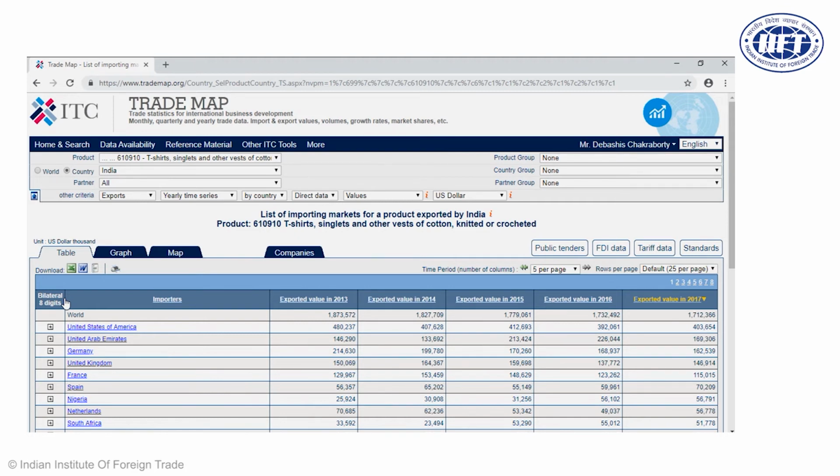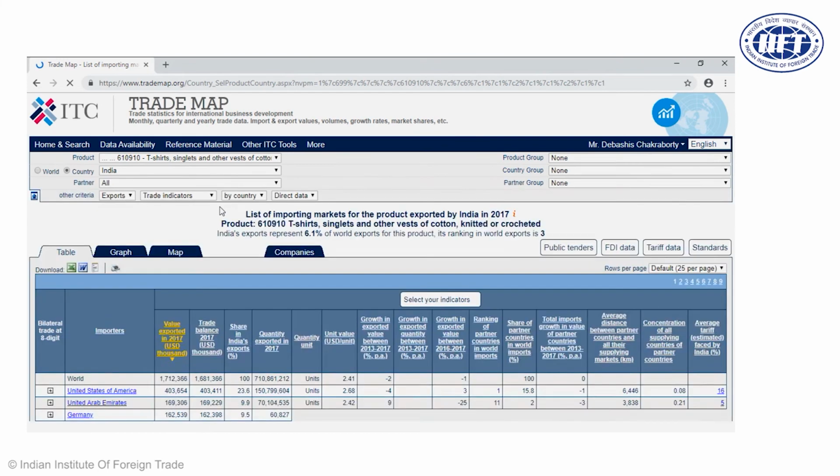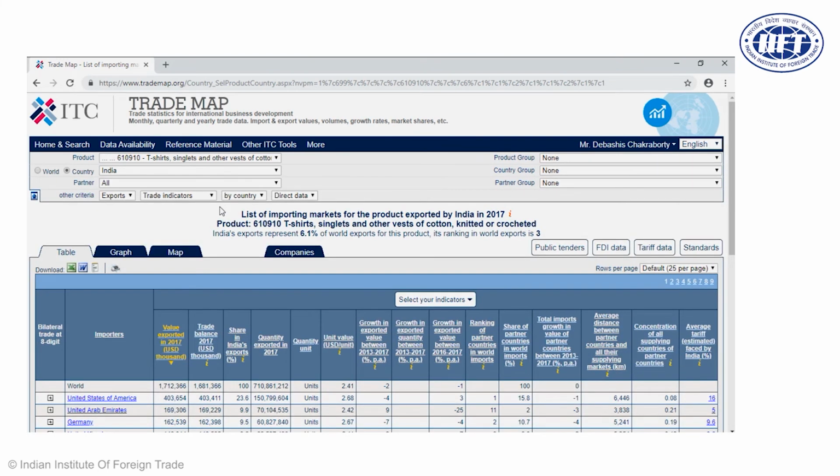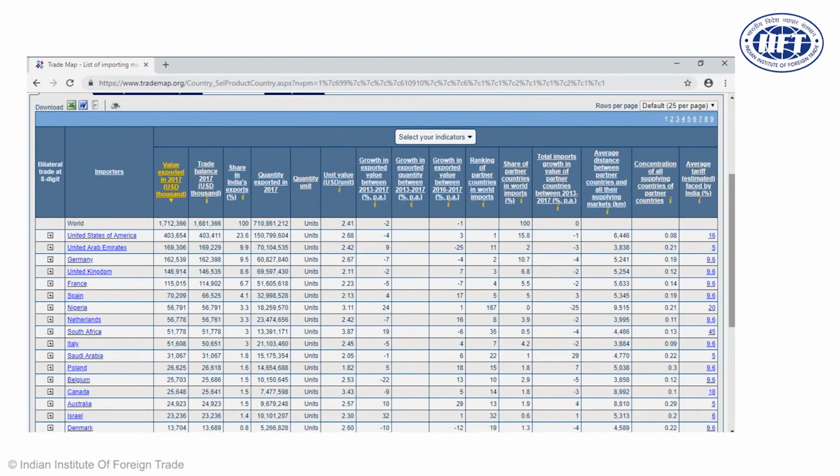Now, what we want to know is which market India should be exporting to. For that, we come to trade indicators. If we select trade indicators from the drop-down menu of the data type, then we get a number of entries. First, it shows the raw data and a couple of share and growth rates we observe.